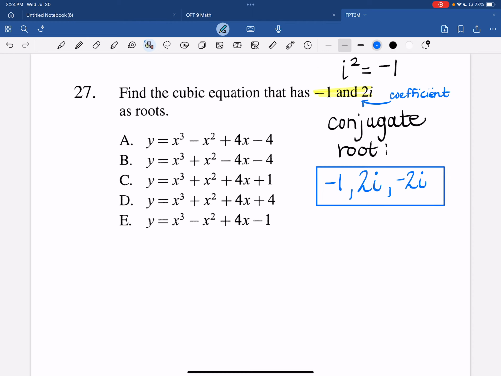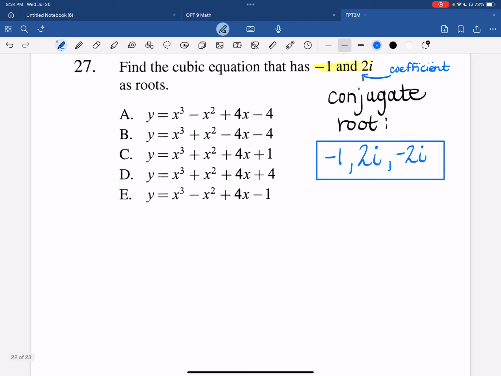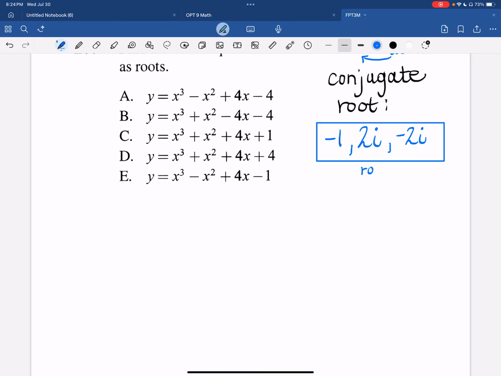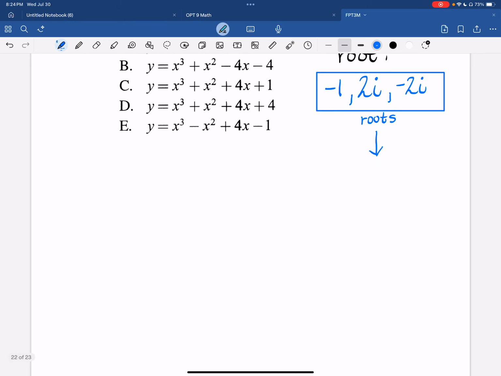So that's the first hurdle, identifying your 3 roots. And these are the roots of the cubic equation. From there, you can determine your factors. So if -1 is the root, the factor would be x plus 1. If 2i is the root, the factor would be x minus 2i.